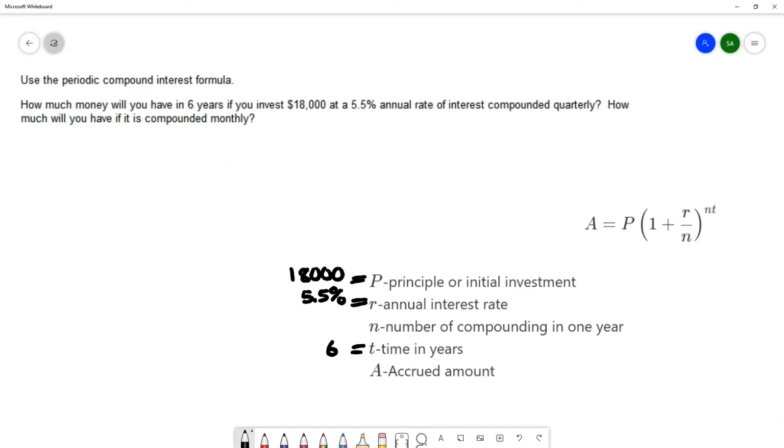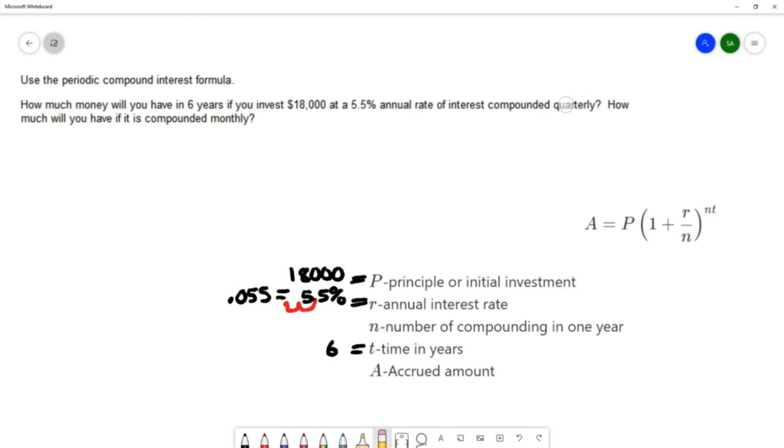And when we use this value in our formula, we don't leave it in percentage form. We put it in decimal form. So we're going to take that decimal place and move it 2 places to the left, giving us 0.055 as the value we'll use in the formula. This annual interest rate is compounded quarterly.